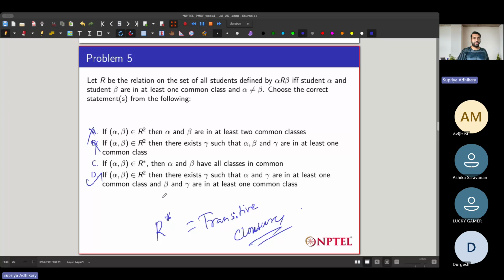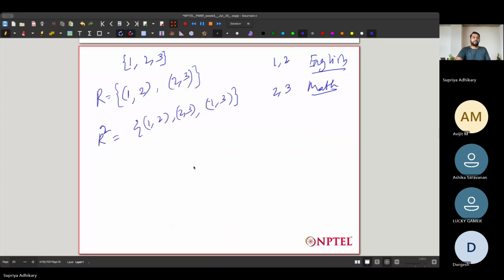Now this option C. If we say that alpha and beta is actually in R star, that is the transitive closure, then what can we say about alpha and beta? Let's say alpha beta belongs to R star.